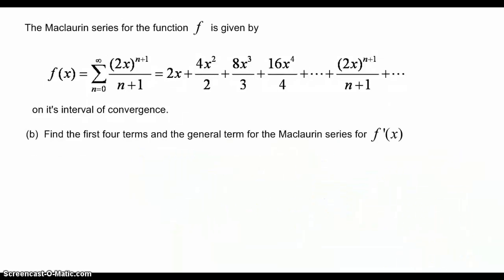Here's one. Say this is part B, same question, same series. Part B says find the first 4 terms and the general term of the Maclaurin series for f prime of x. And this is why when they ask us to find the general term, we're generally just asked to find the derivative of it.